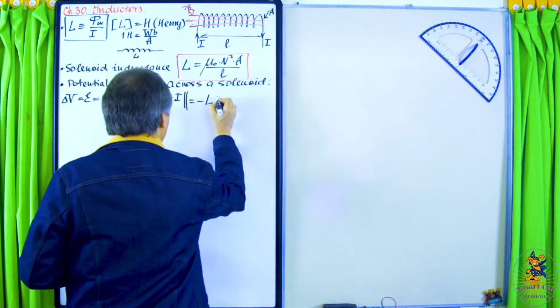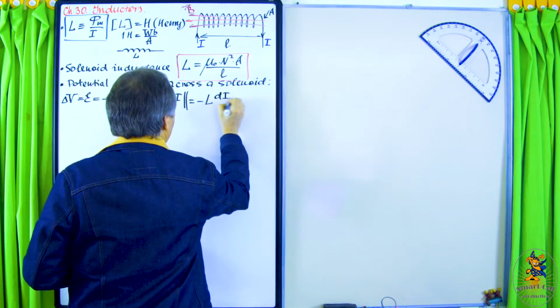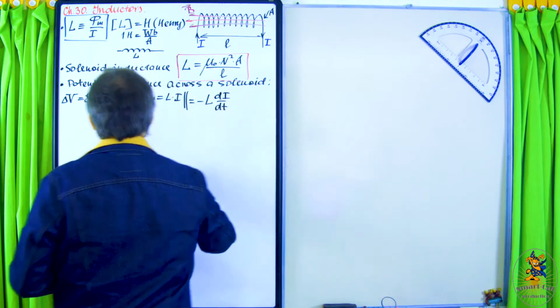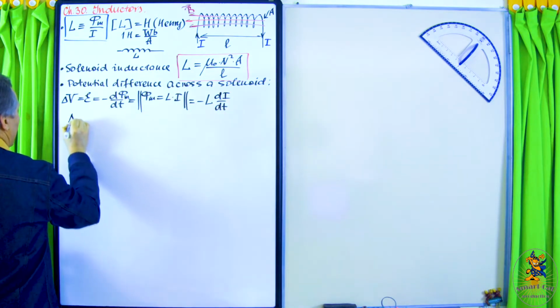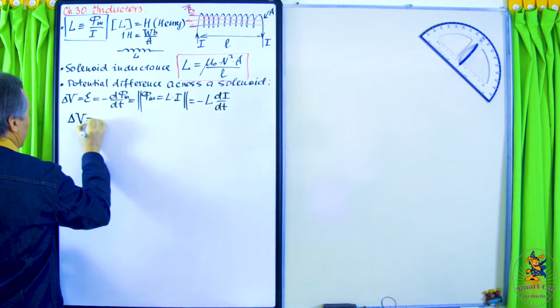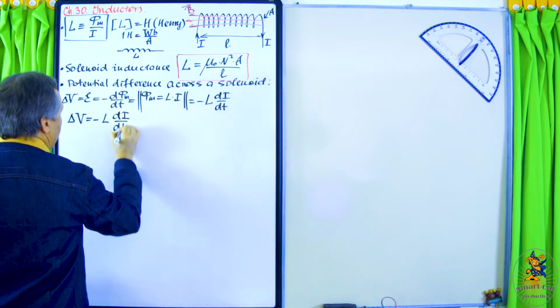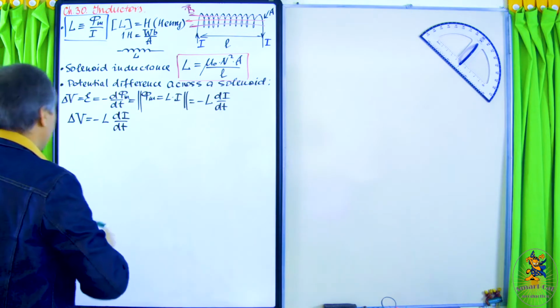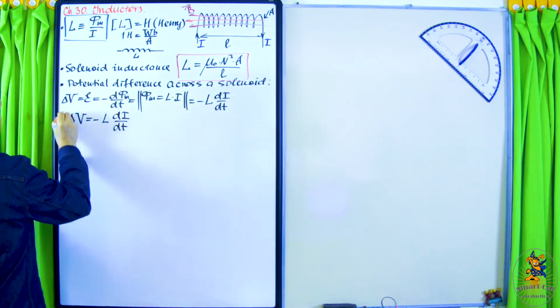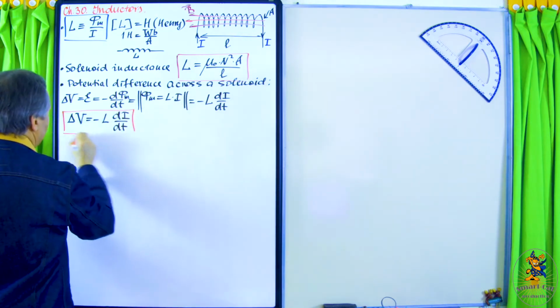So L stays the same, and di over dt. So the formula which we wanted: delta V equals minus L di over dt. We need to frame it because it's important.